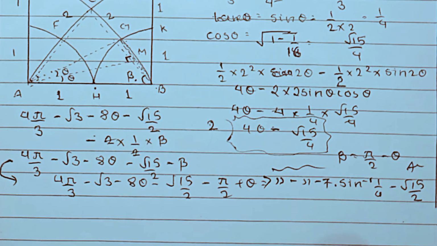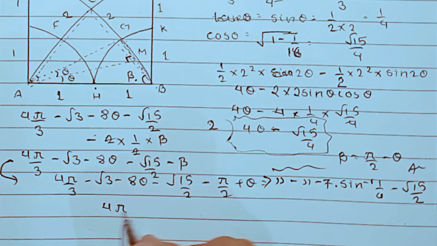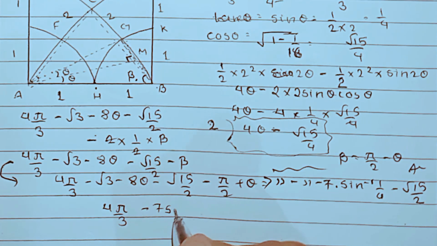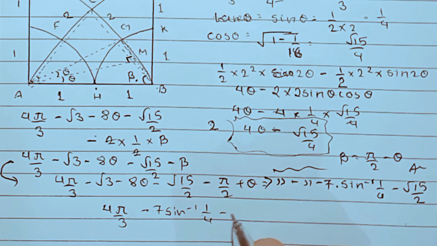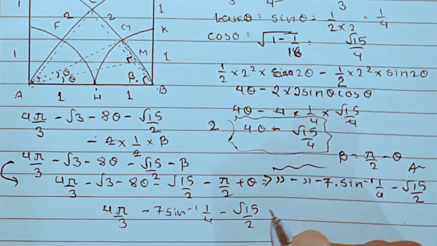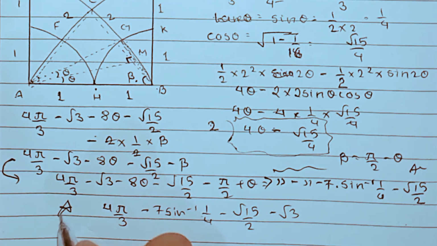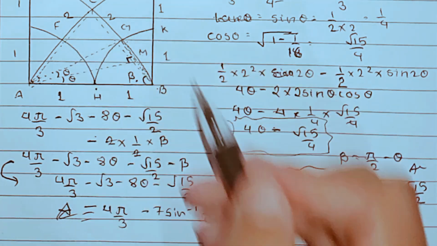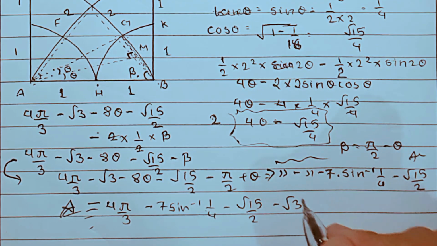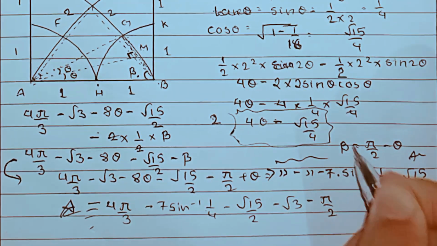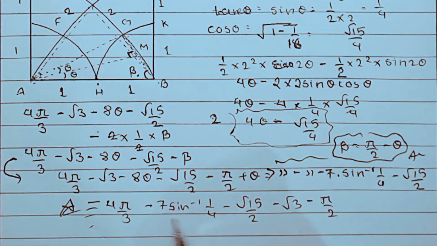So the final answer is 4 pi by 3 minus 7 sine inverse 1 by 4 minus 15 root 15 by 2 and minus root 3, which is the area of the required Batman. We forgot to write this minus pi by 2 from this right here, and this is the total answer. Thank you.